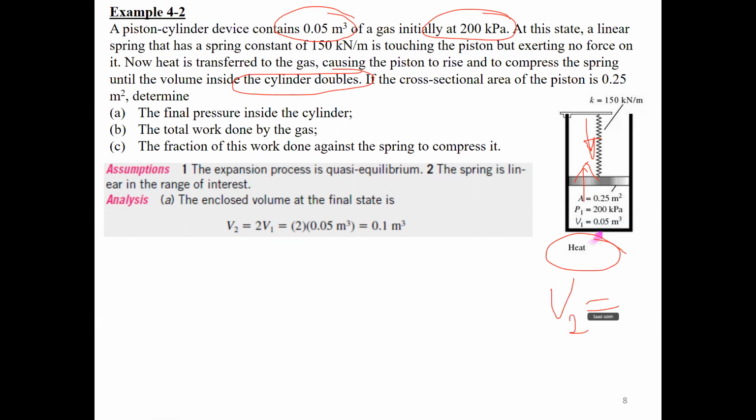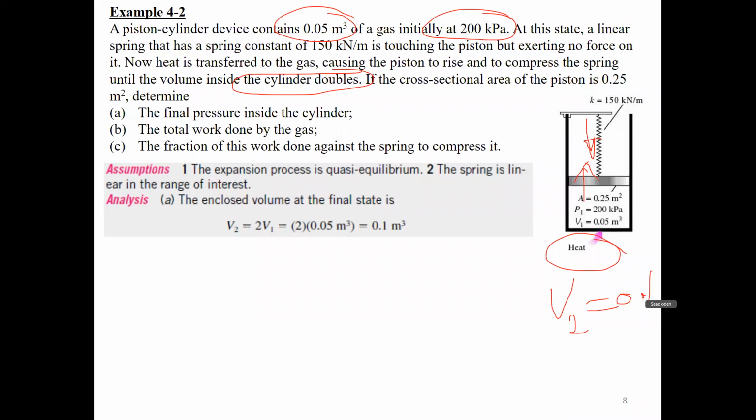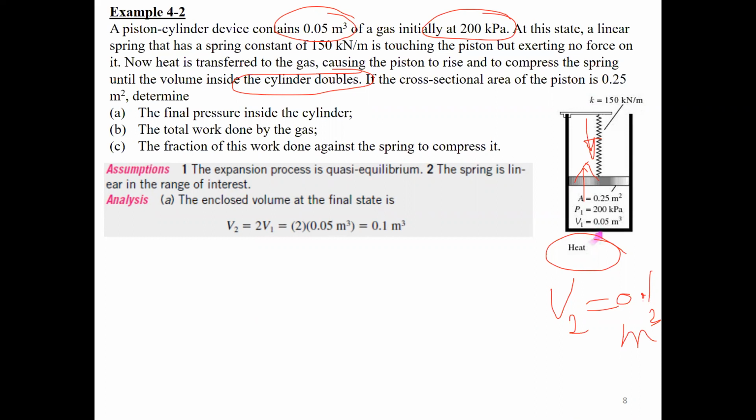It will be 0.05 times 2. Double 0.05 will be 0.1, right? Correct, because you are doubling 0.05. So that's V2, the final volume.